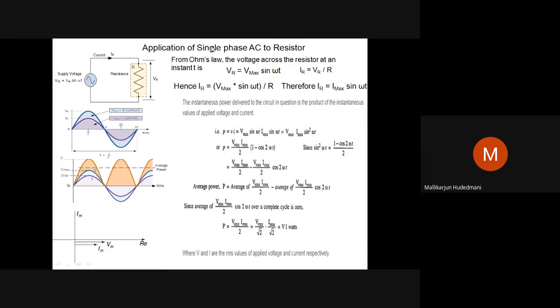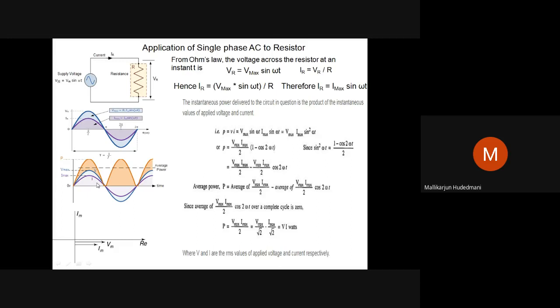So our study in this heading pertains to understanding, first, the nature of the current; second, the equation for the current; third, the representation of those waveforms; then, whether there is any consumption of power. If there is no consumption of power, provide mathematical proof for that and draw the waveforms.